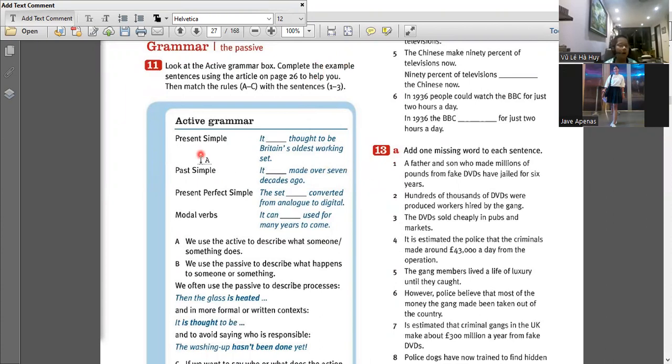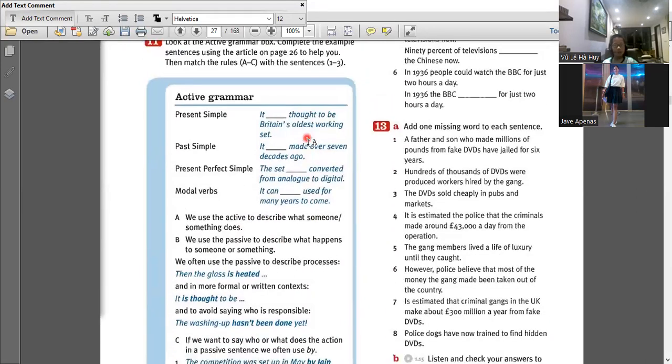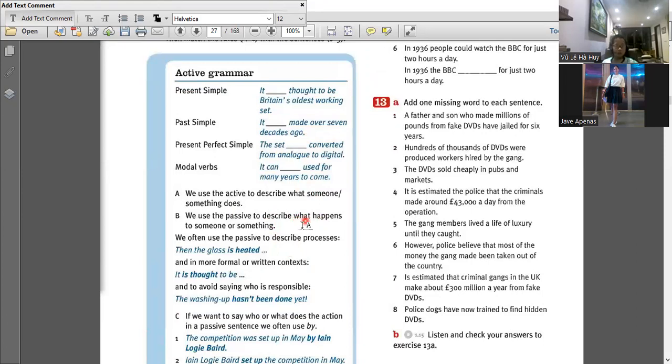We have present simple, past, and present perfect simple, and the use of modal verbs. We have examples here. We use the active to describe what someone or something does. And we use the passive to describe what happens to someone or something.